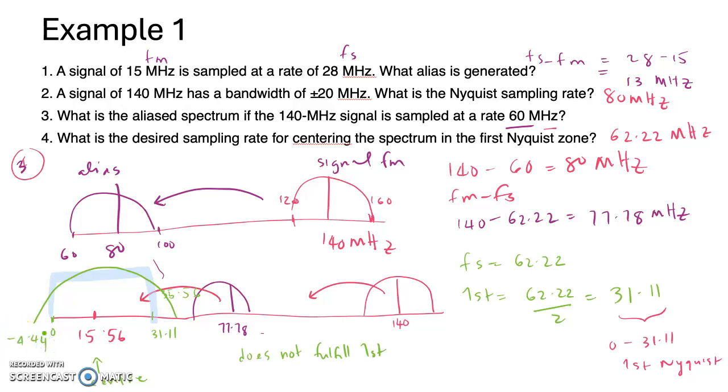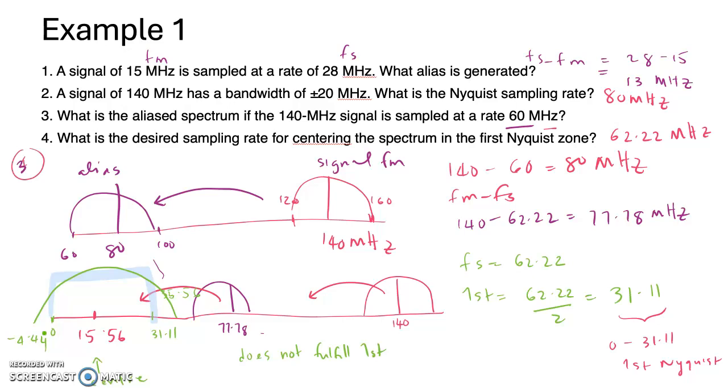So it extends outside of the first Nyquist zone, but the center frequency is perfectly centered in the first Nyquist zone. I guess that's okay for us, because we are using an approximation based on the formula.